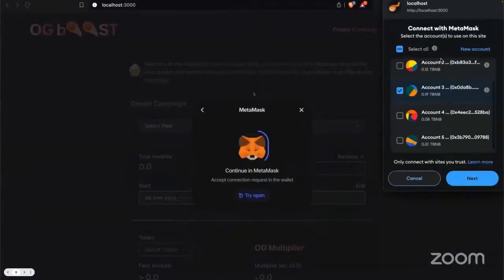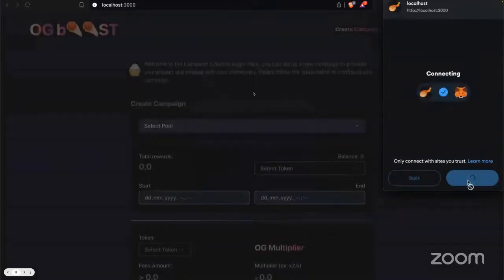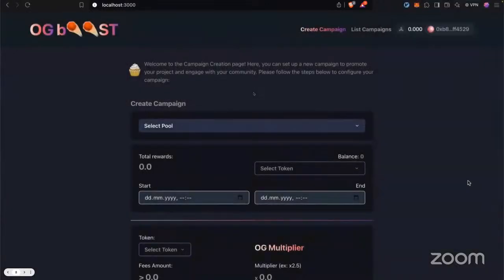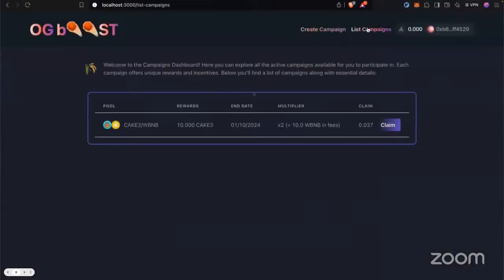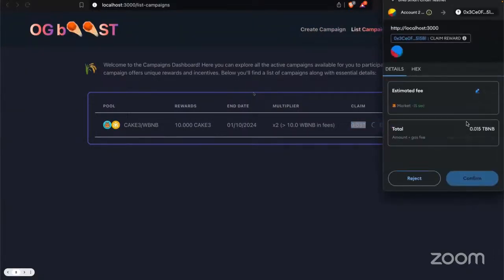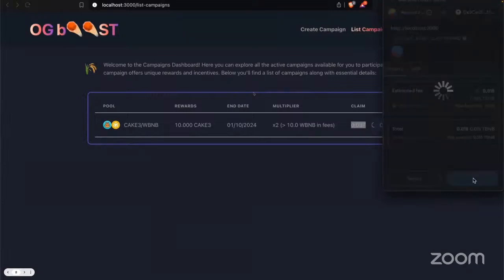And here we connect with Alice's wallet, and if we check in the list campaigns, we can see her rewards that she has earned so far. Yes, so these are farming rewards.